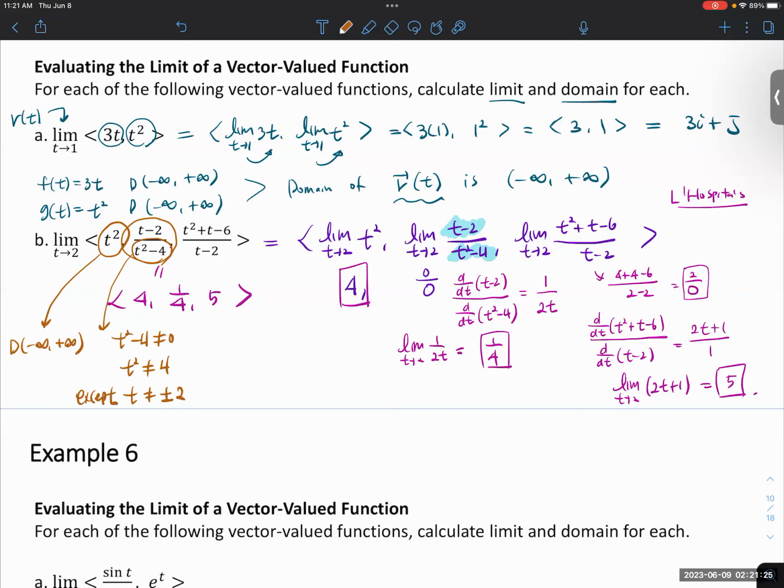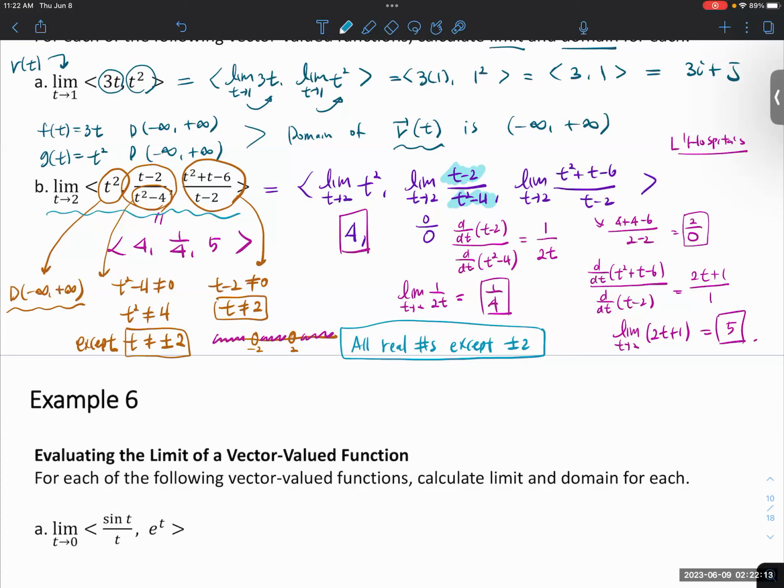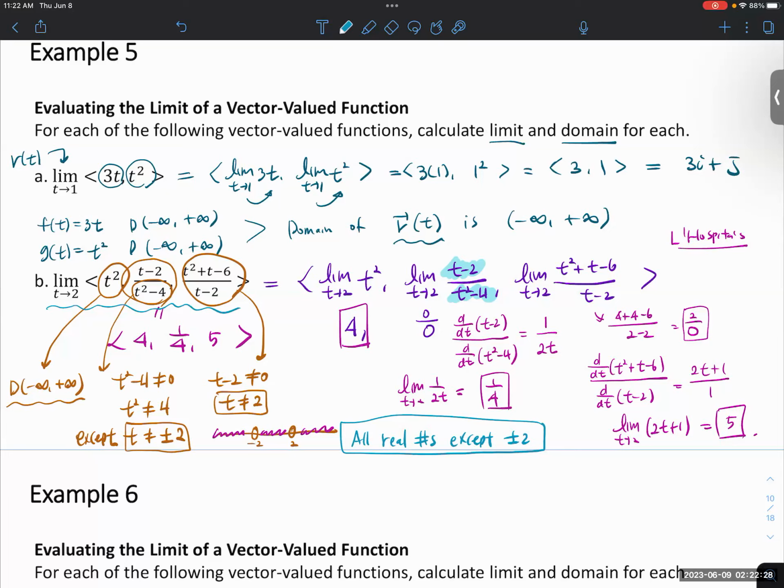This is the domain of this vector valued function where it is valid. Does it make sense? We practiced both how to find the domain of the vector valued function and the limit value. So that's pretty much the work we can focus on in 3.1.